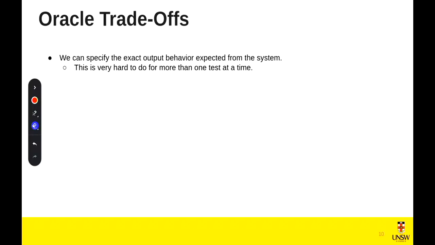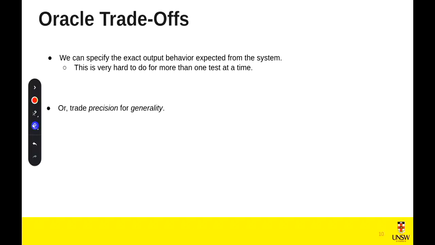We can specify the exact output behavior from the system. The keyword here is exact. Given a particular input, we can try to come up with the exact expected behavior. However, this is very hard to do for more than one test at a time, because we have to do it multiple times for every test input.